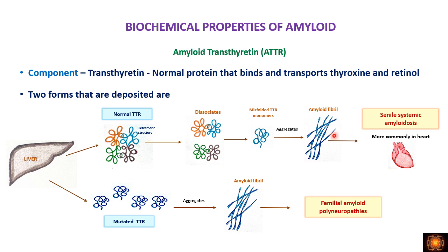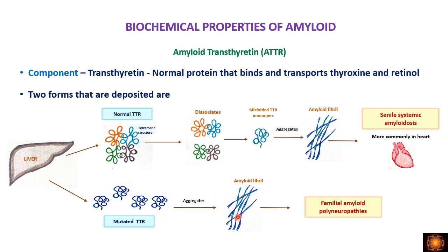Here this transthyretin is a normal TTR, whereas there is another condition where we have production of mutated TTR which cannot be disintegrated. So these mutated TTRs aggregate and form the amyloid fibrils.